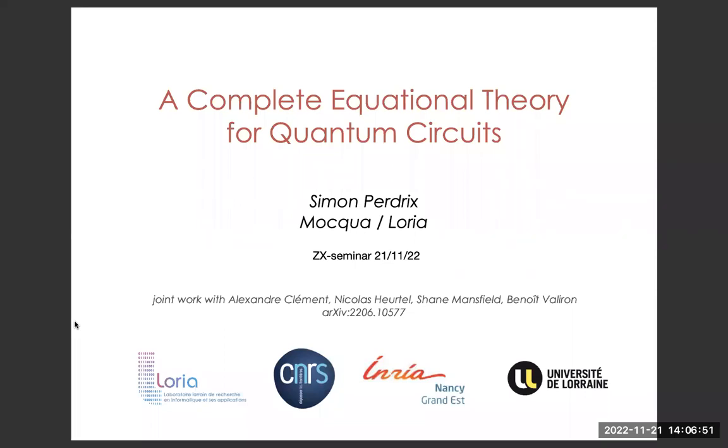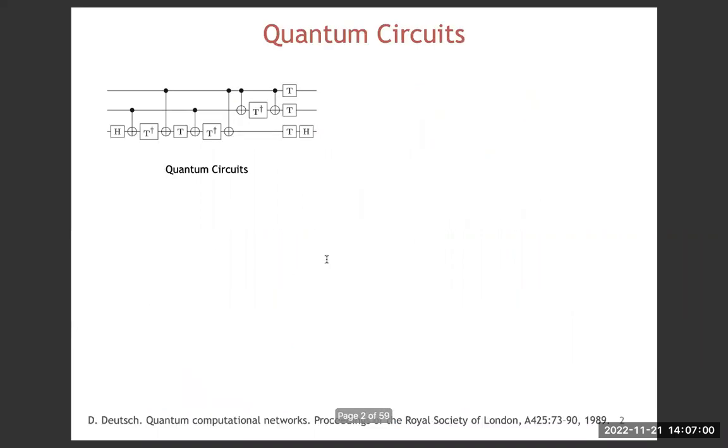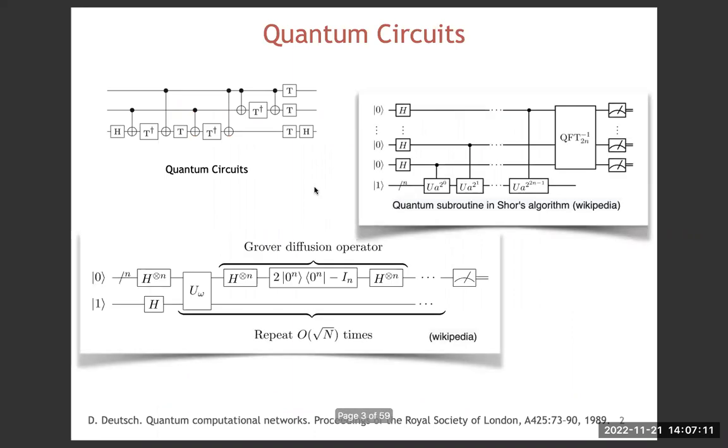Okay, so I think I can be brief on the motivations because you probably all know that quantum circuits are ubiquitous in quantum computing. So we use quantum circuits for lots of things, for instance for describing quantum algorithms.